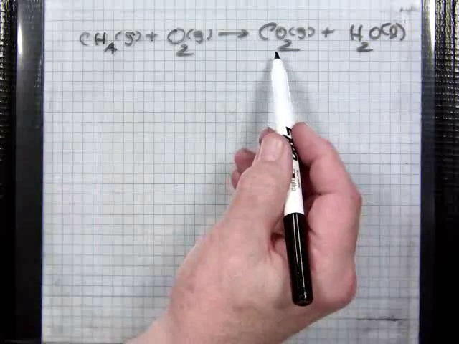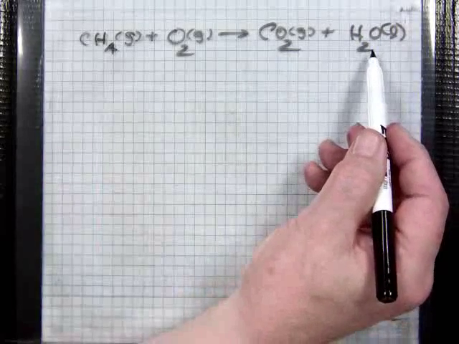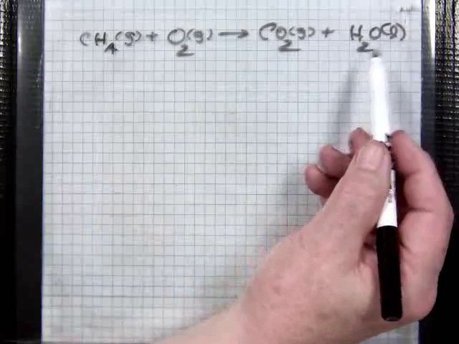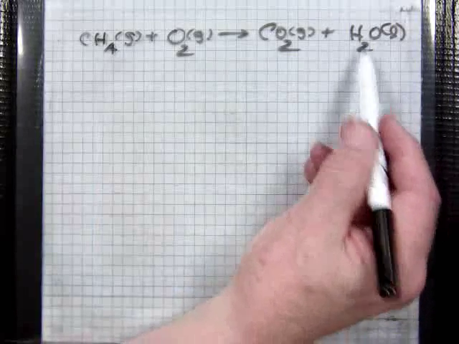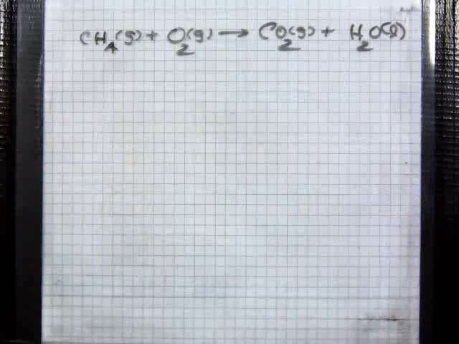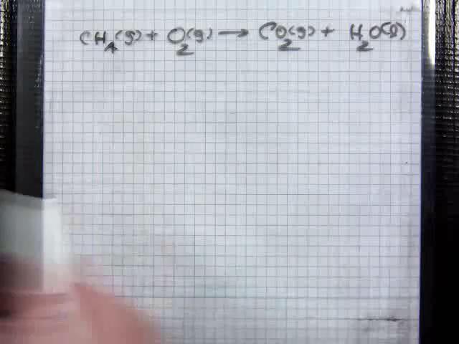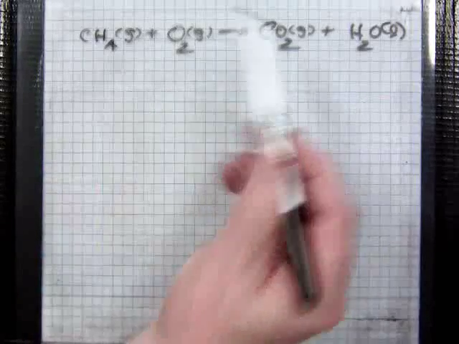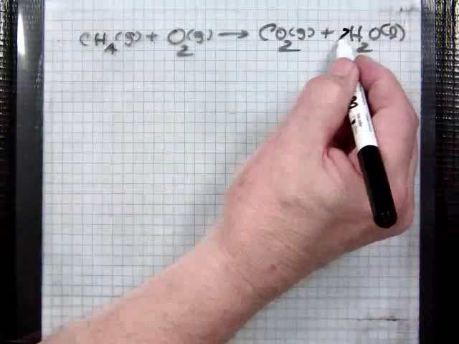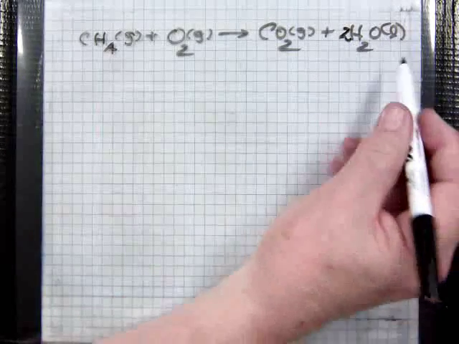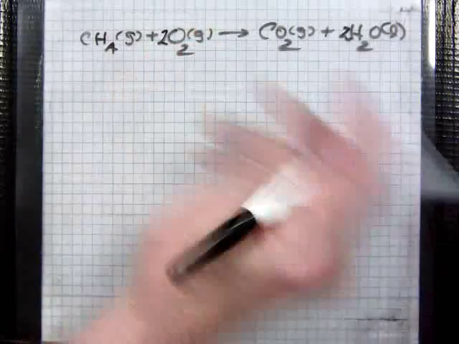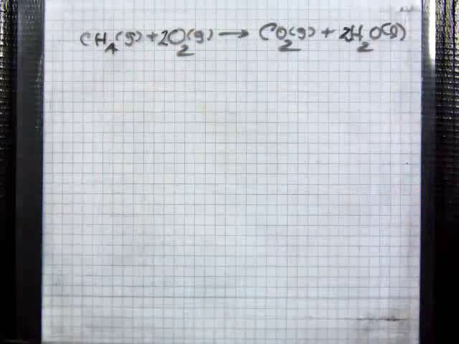There's one form of CO2 and one form of, well, actually there are three states really, solid, liquid, gas. But I chose to put liquid form in there, and it'll have its own personal delta H number. Okay, so that's how you construct a molecular equation. And of course, in balancing this, carbons, 4 hydrogens. We need 4 hydrogens, so we'll put a 2 on that. And so now we have 4 oxygens, so I'll put a 2 right there. And so the standard state equation is balanced in that context.